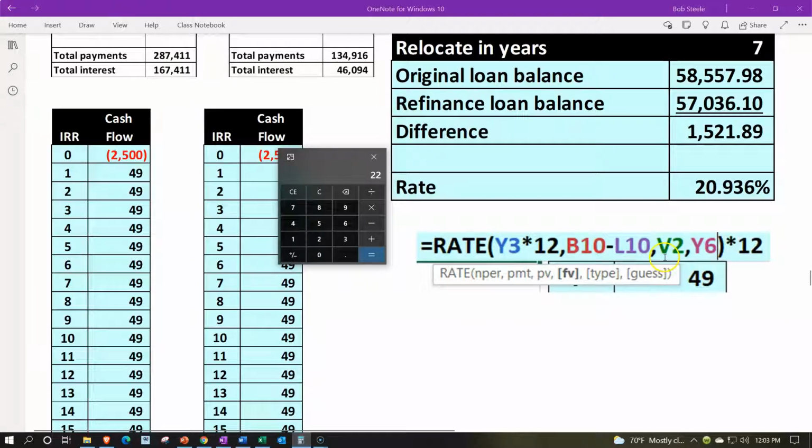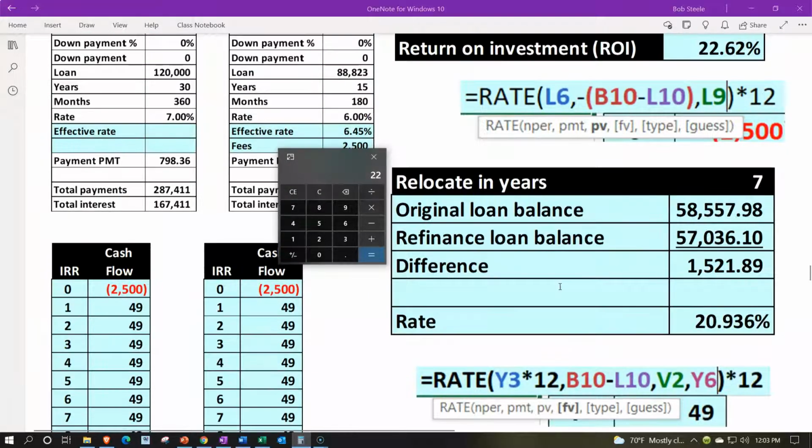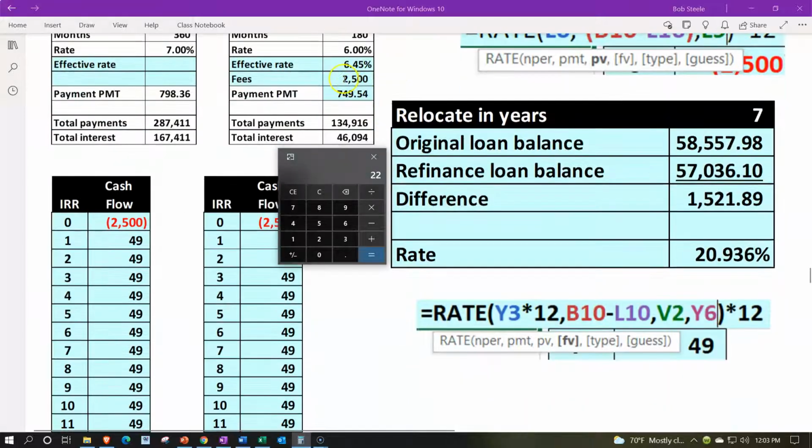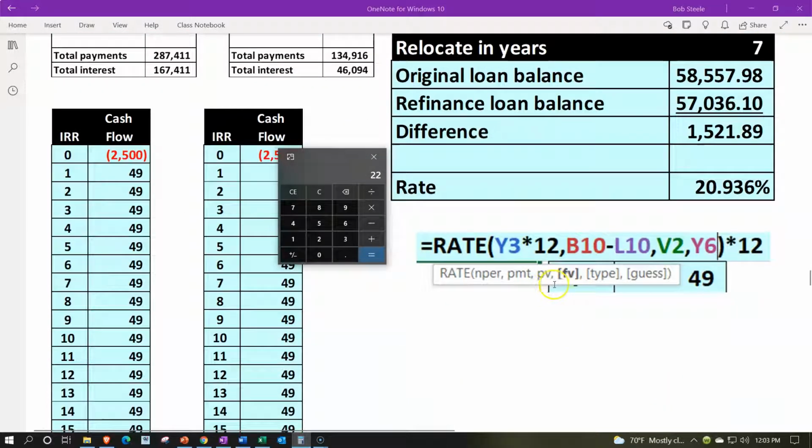And then we're going to say comma, the present value. The present value is going to be the 2,500 fee that we had, and then comma, we have the future value, and the future value is now going to be that difference that we just calculated between the ending balance of the two loans, the 1,521.89. Closing that up, that would give us the monthly amount.